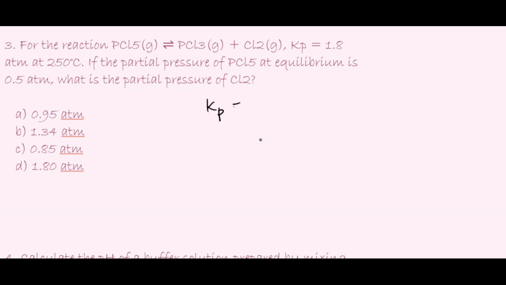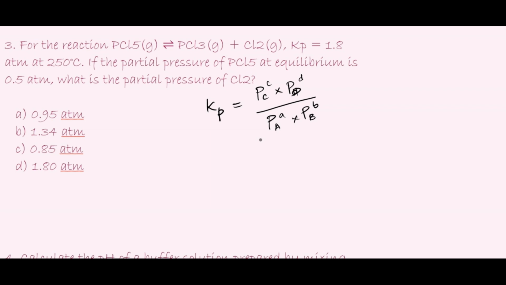In case of Kc, we wrote the product concentration by reactant concentration. Similarly, here also you can write the product partial pressure by the reactant partial pressure. As simple as that.